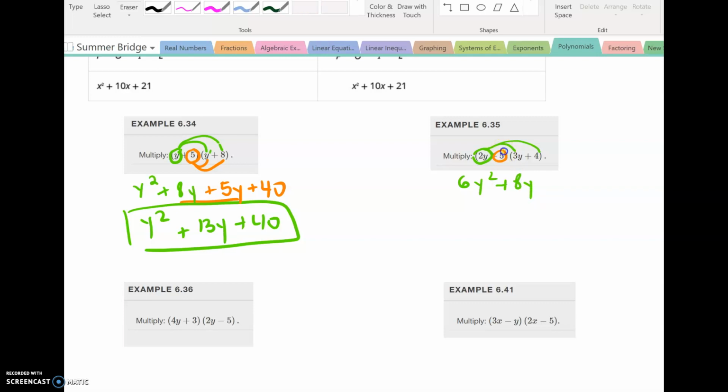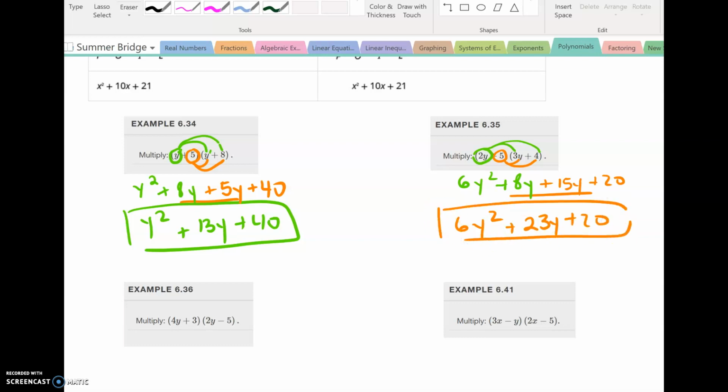Then we take the 5 and multiply it by everything in the second set of parentheses. 5 times 3y is 15y. 5 times 4 is 20. And then you combine your like terms. So I have 6y squared plus 23y plus 20. And that's your answer.